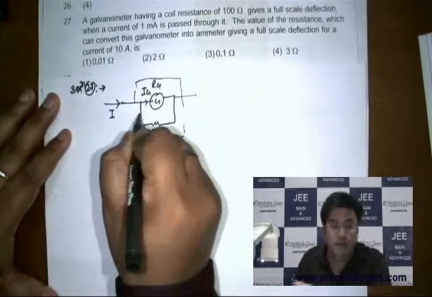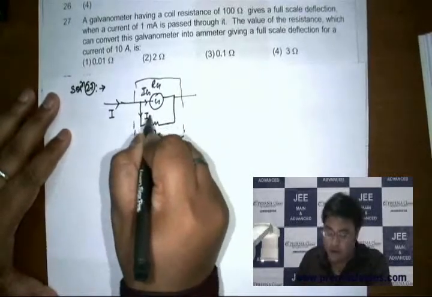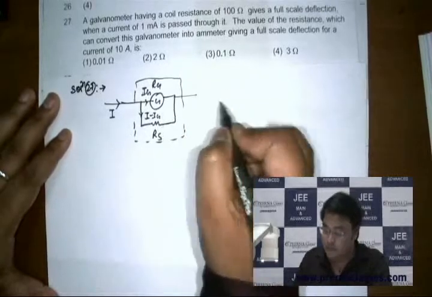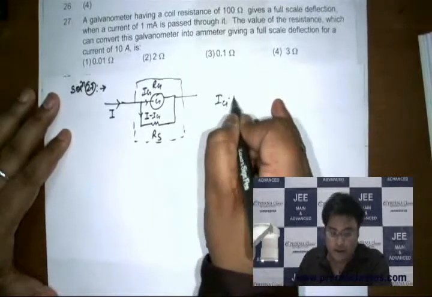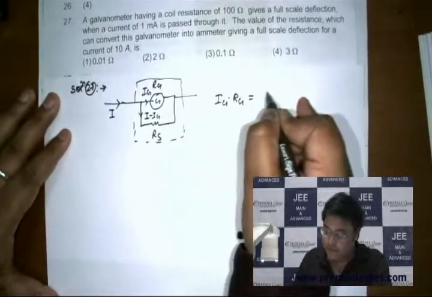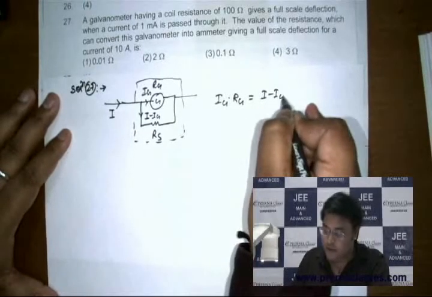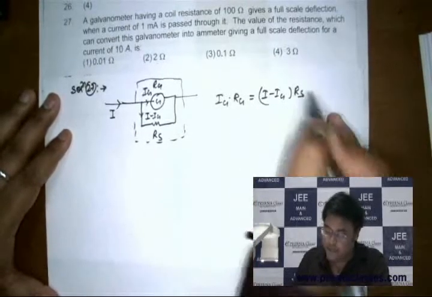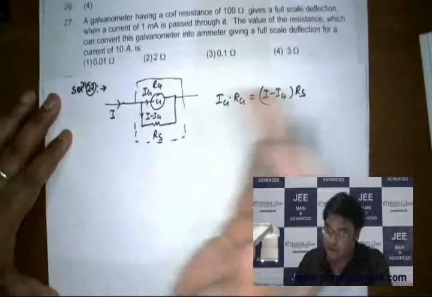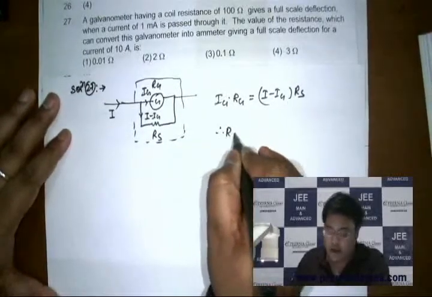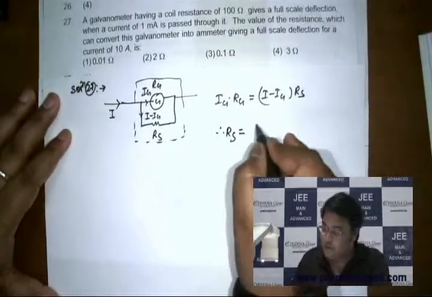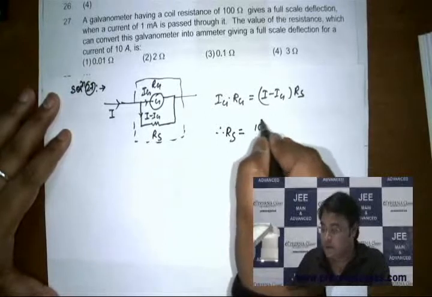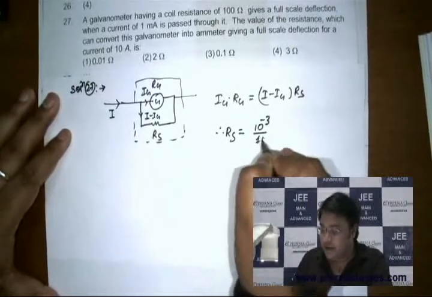Clear? So here I g equals R S by R g plus R S into I m. Okay? So that implies R S equals 0.01 ohm. So option 1 is correct.